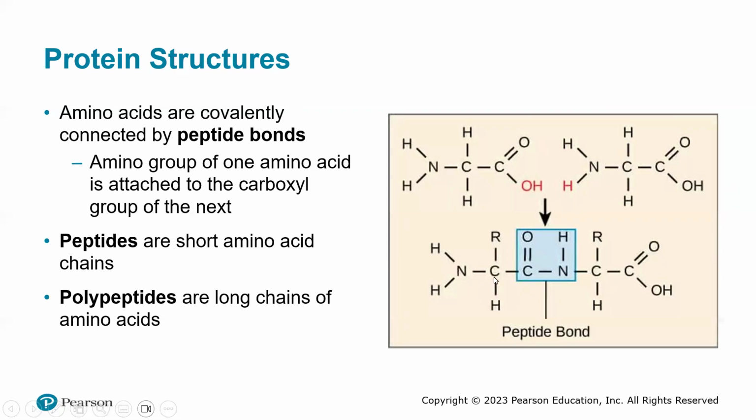This is going to form a short chain, which we would call a peptide, and that bond between the 2 amino acids is our peptide bond. If we draw this chain out longer, we would call that a polypeptide. And that's getting to explain our primary structure of a protein, which is that amino acid sequence.